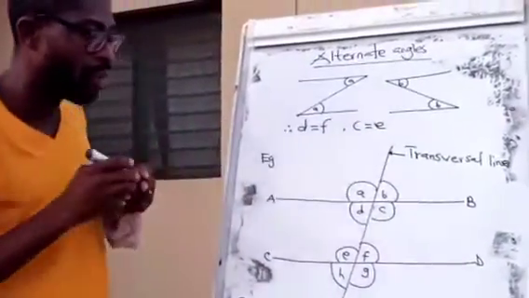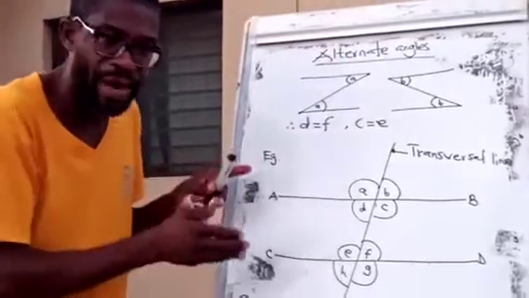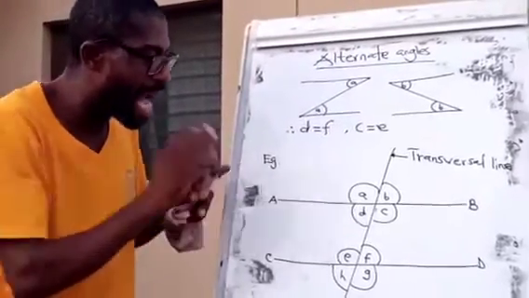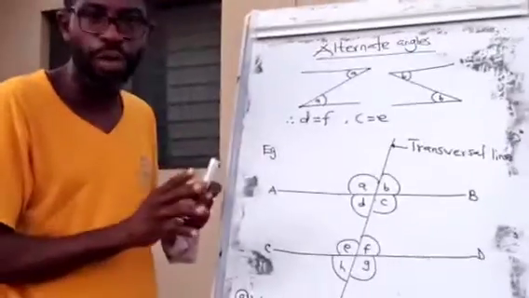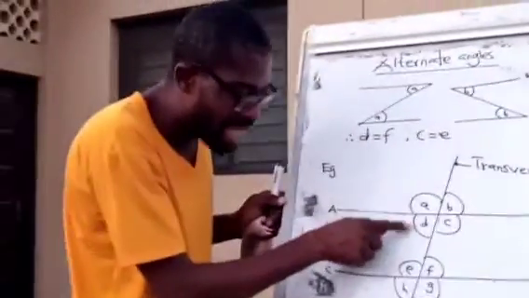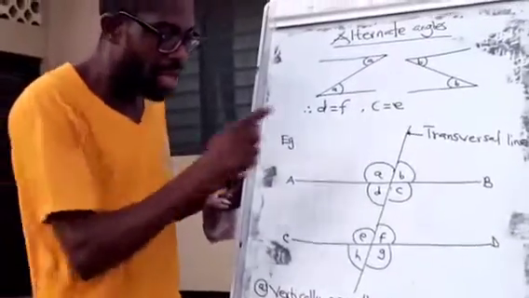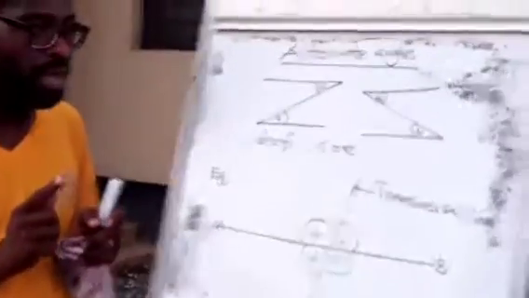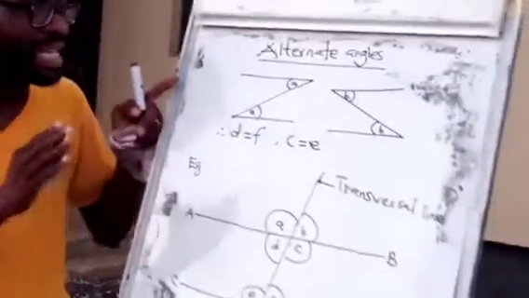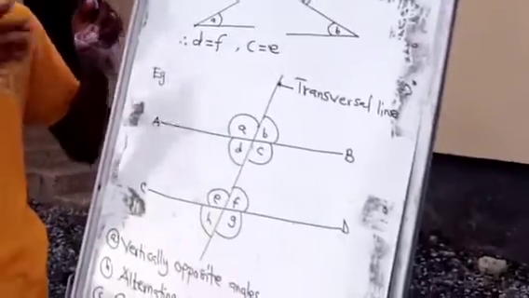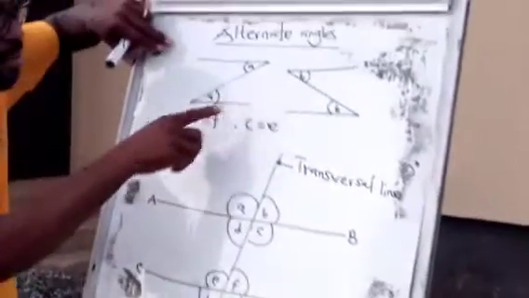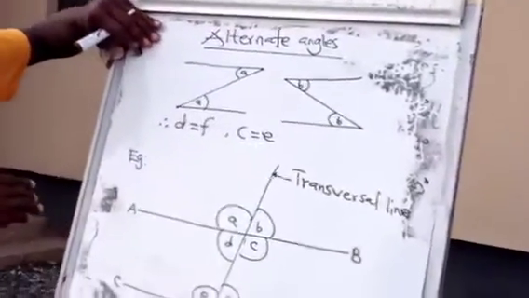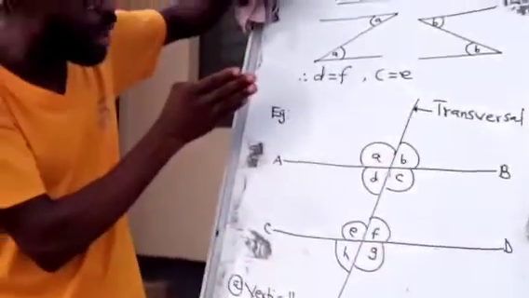We don't calculate for them, we only identify them because they are congruent, they are equal. So if D is 30 degrees, F is also 30 degrees. If C is 25 degrees, then E is also 25 degrees. And this is how alternating angles are formed from the vertices of that Z. Let's observe it for a while.